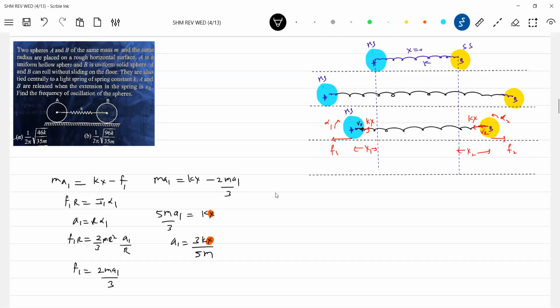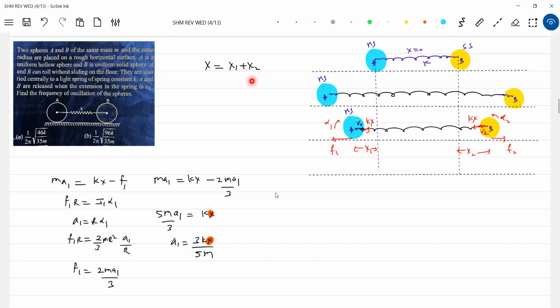Shall I write x equal to x1 plus x2 and m1 x1 equal to m2 x2? What is the total elongation? X1 plus x2. Am I right?